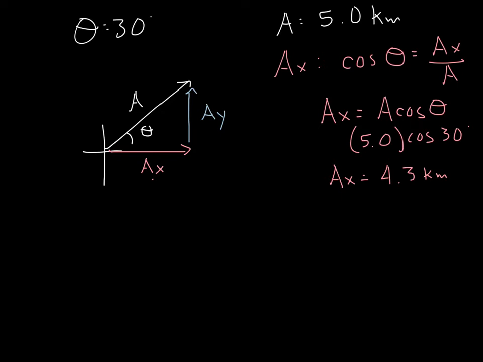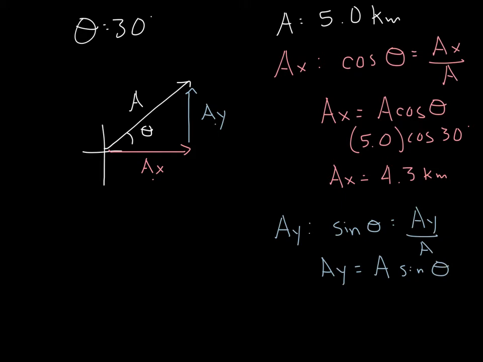Now, AY is exactly the same process, but it's a different trig function because it exists on the opposite side of this triangle where we already have the hypotenuse in A. Opposite and hypotenuse are related by the trig function sine. So sine theta is equal to the opposite, which is AY, over A. So AY becomes the product of A being multiplied by sine theta.